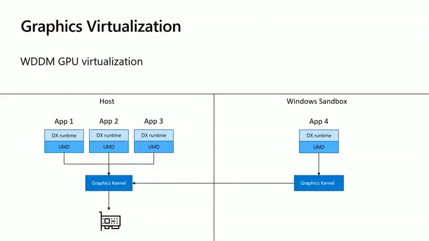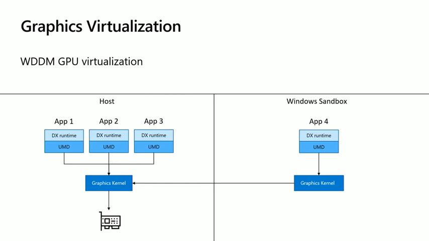And continuing with this theme, this is a client-type scenario. We might be running things inside the Sandbox that would like to use the GPU. With classic VM scenarios, you either don't have a GPU and you have to do everything in software, or maybe you do direct device assignment of a full GPU into the VM, or maybe you do some sort of partitioning, but it's usually kind of static partitioning.